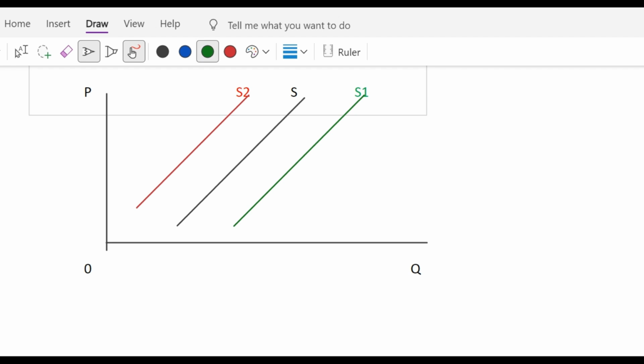Let's assume that the original supply curve is S. If the supply curve shifts to the right to S1, that is an increase in supply. But if the supply curve shifts to the left, that is a decrease in supply.